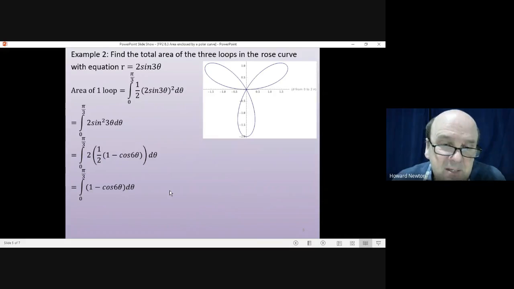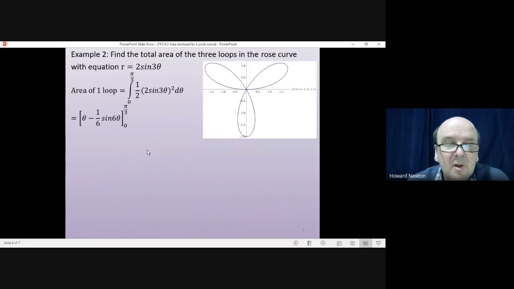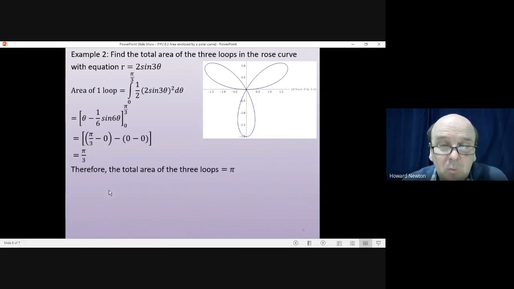Multiplying out the brackets, it simplifies to that, and then integrating that gives us theta minus 1/6 sine 6 theta. Now we just need to put in the limits, pi by 3 and 0, and that'll give us pi by 3, and again when we substitute in 0, we just get 0, and the sine of 6 times pi by 3 is also 0. So the area of one loop is pi by 3, which means that the 3 loops all added together will give us a total area of exactly pi.